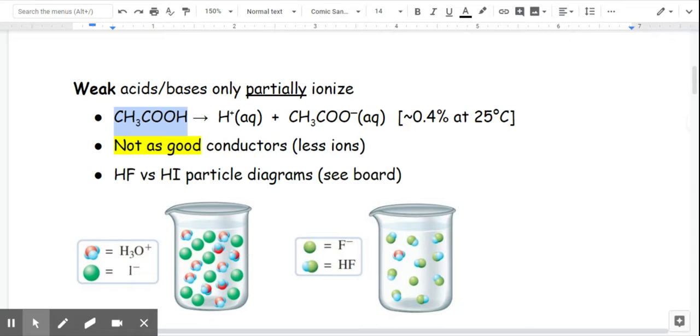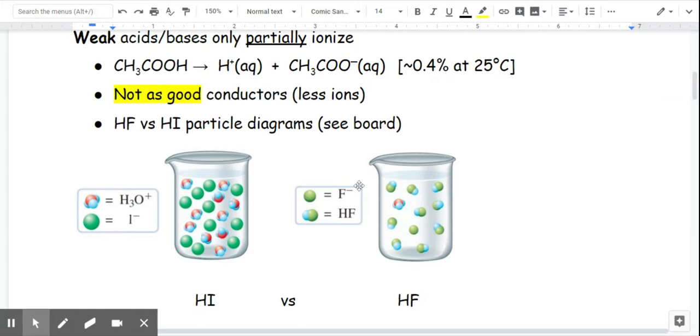Those molecules don't affect the pH. pH is all about H plus ion concentration. So since 99+% of your solution is still molecules, you're not going to have a big change to your pH with a weak acid like acetic acid. And that's also because we don't have a lot of ions. It's also why we said it's a weak electrolyte. It's not as good a conductor of electricity.